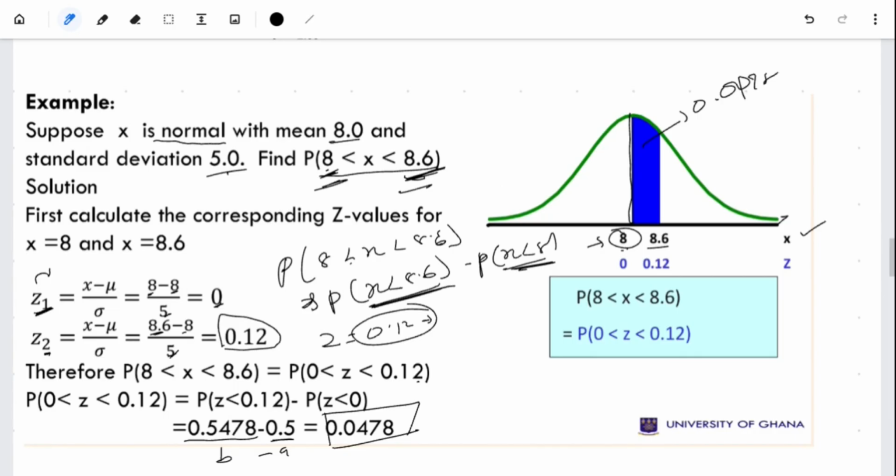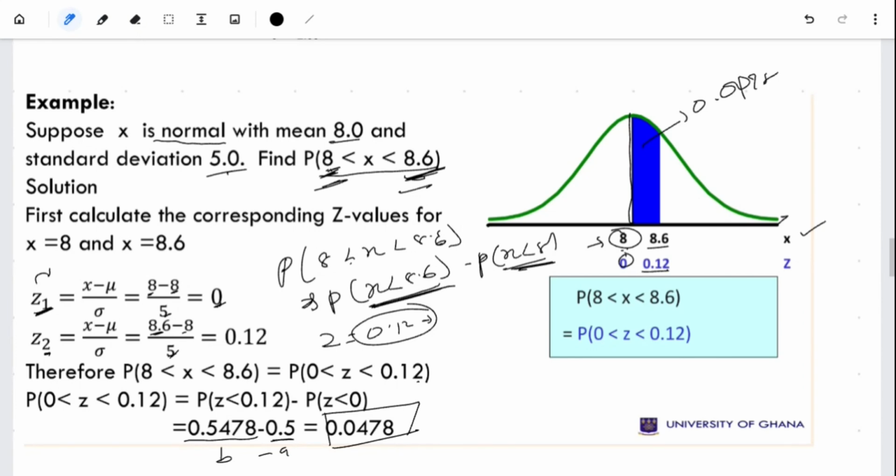And then when you get your z values, you have to represent them on the graph, right? When x was 8, we had 0. And when x was 8.6, we had 0.12.